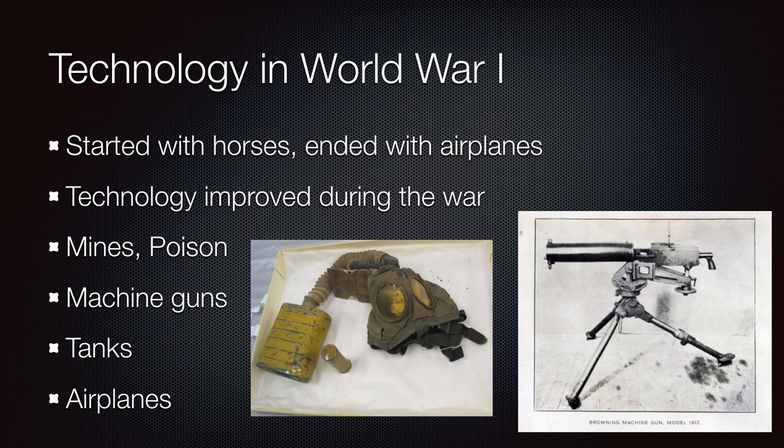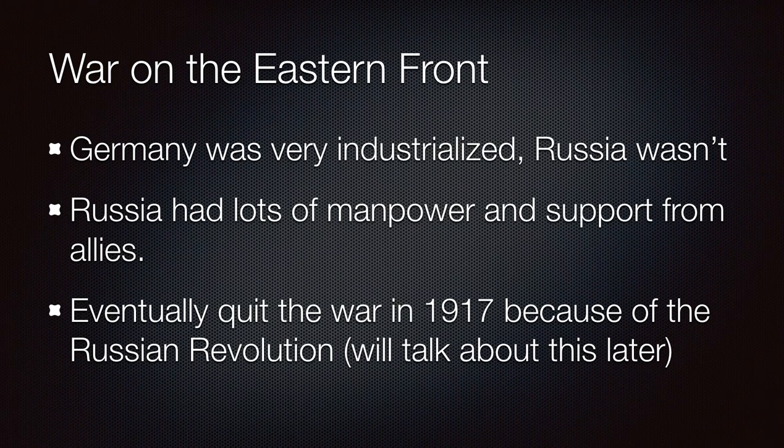So again, not really effective, and they're not gaining a lot of ground. Tanks and also airplanes were created during World War I, but at the very later parts of World War I for the airplanes.